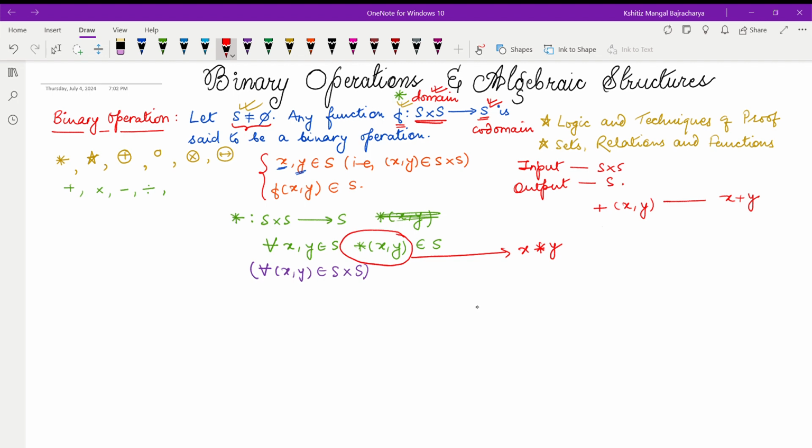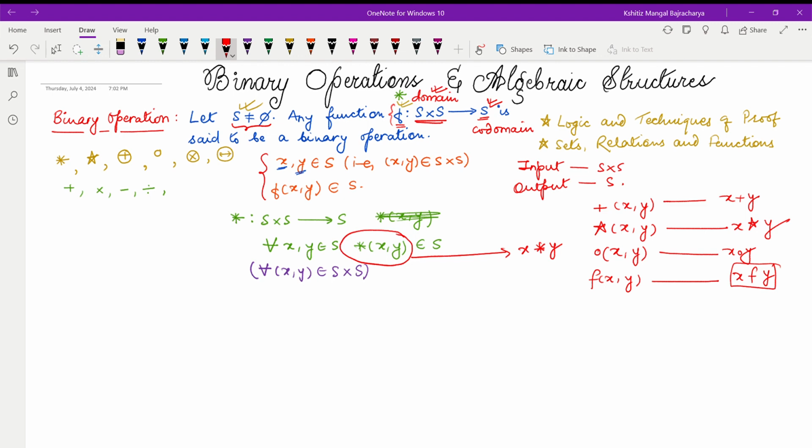Instead of writing star (x, y), we shall write it in a form like this, and so on, for example x compose y. This is the reason why I'm not using the notation f, because f of (x, y) would look something like x f y, which doesn't look good.